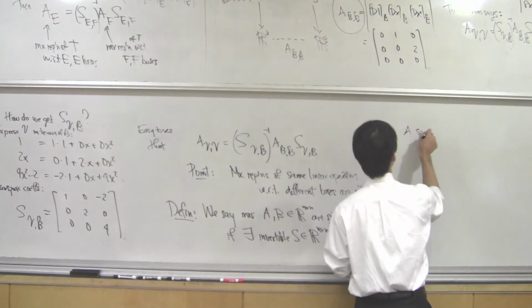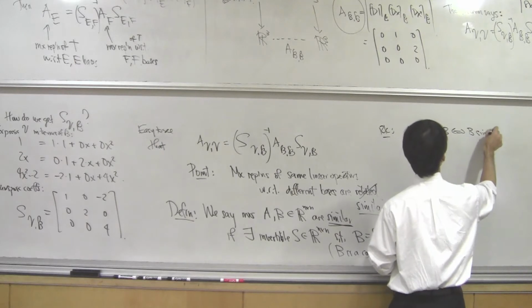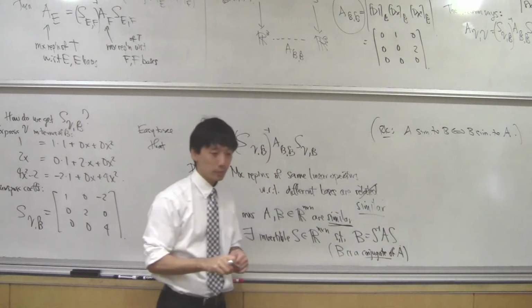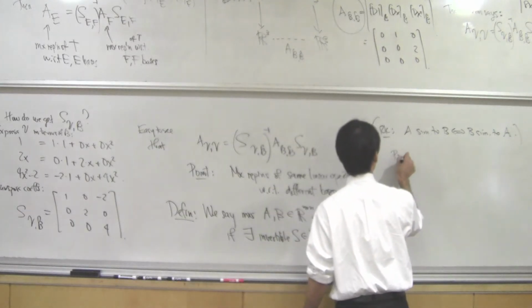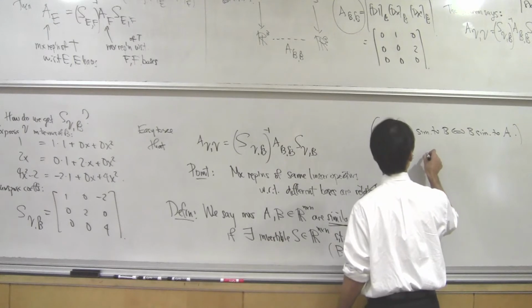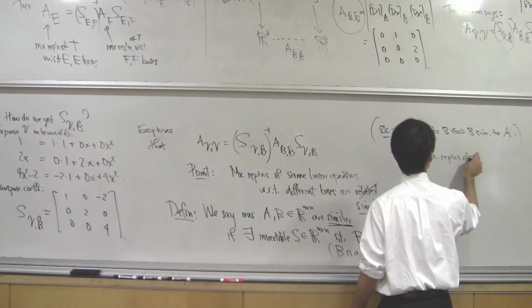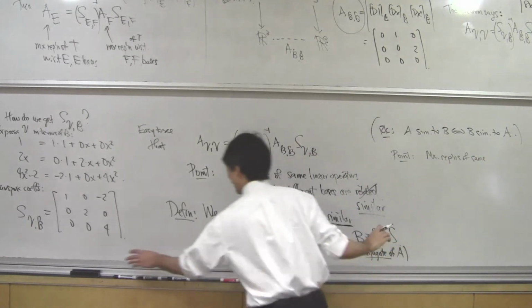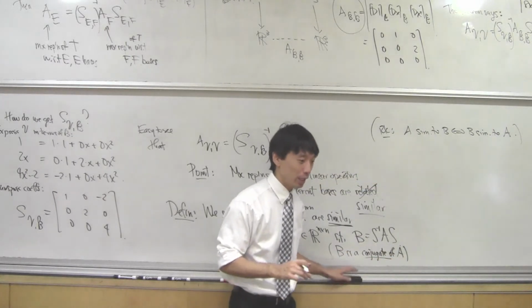A is similar to B if and only if B is similar to A. So matrix representations of the same linear operator are similar.